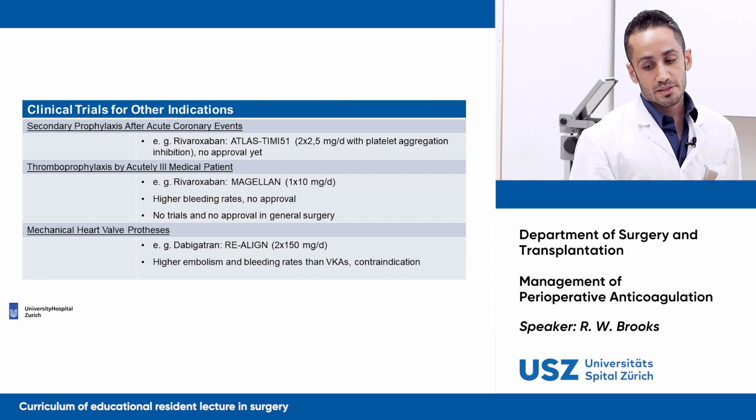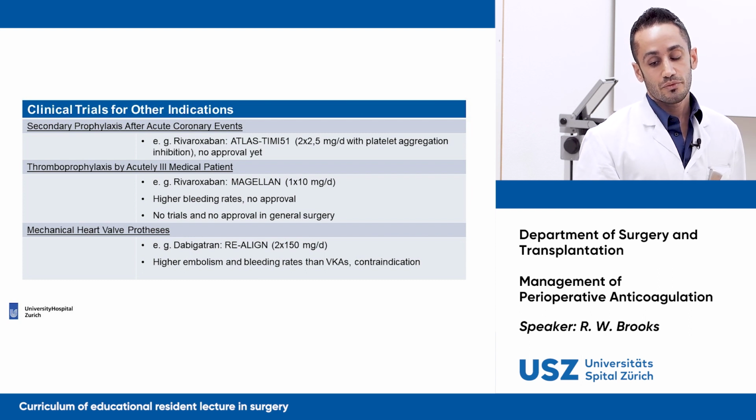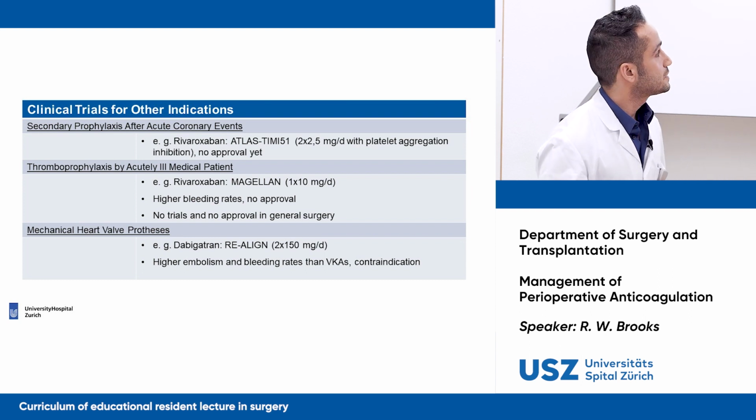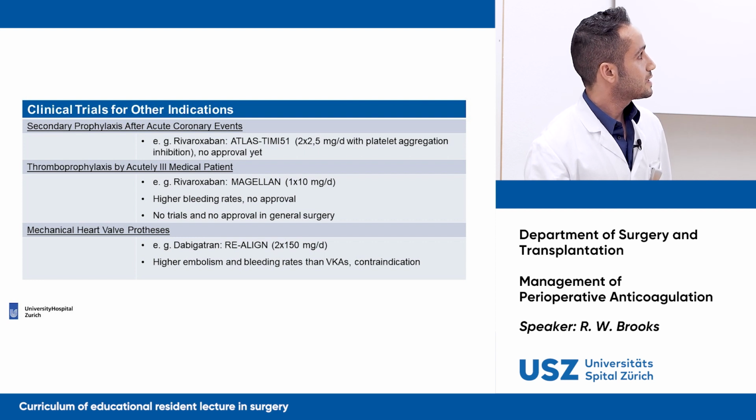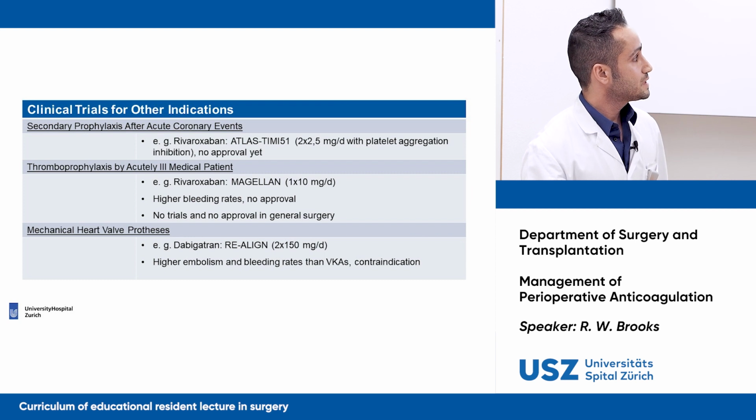Other clinical trials are still ongoing for other indications, for example, secondary prophylaxis after acute coronary events for rivaroxaban, the ATLAS trials. There is no approval yet for this indication.